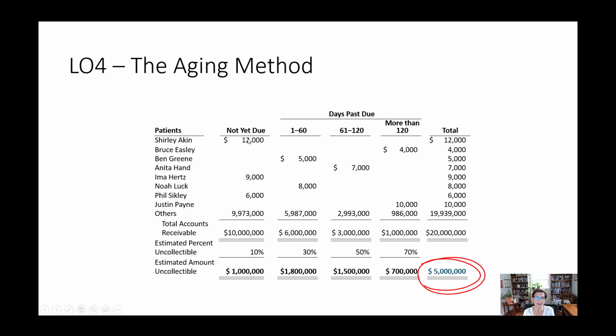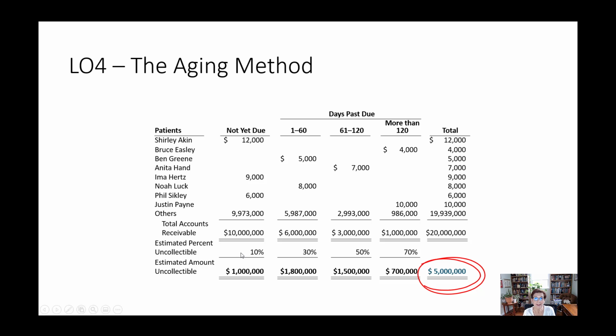So these ones here are not yet due. So that means the patient must have just come in. We sent them a bill. The bill isn't due yet. Then we have some that are 1 to 60 days overdue, some that are 61 to 120, and some more than 120 days overdue. What happens to the likelihood that a receivable is going to be collected as it gets older?